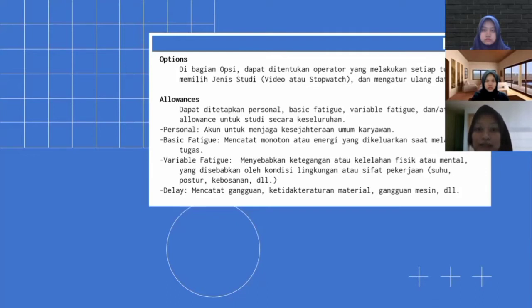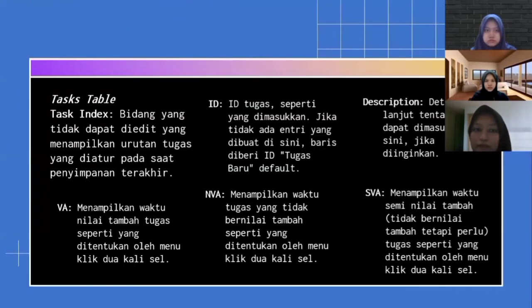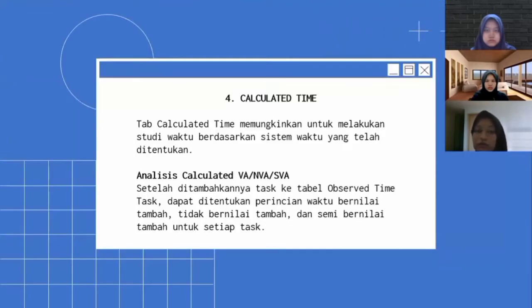Basic fatigue accounts for the energy expended while performing tasks, and variable fatigue accounts for physical or mental strain or fatigue caused by environmental conditions or the nature of the work, like temperature, posture, tediousness, etc. And delay accounts for interruptions, material irregularities, machine interference, etc. In the observe time feature, there is also a task table, which consists of task index, ID, description, VA, NVA, and SVA.